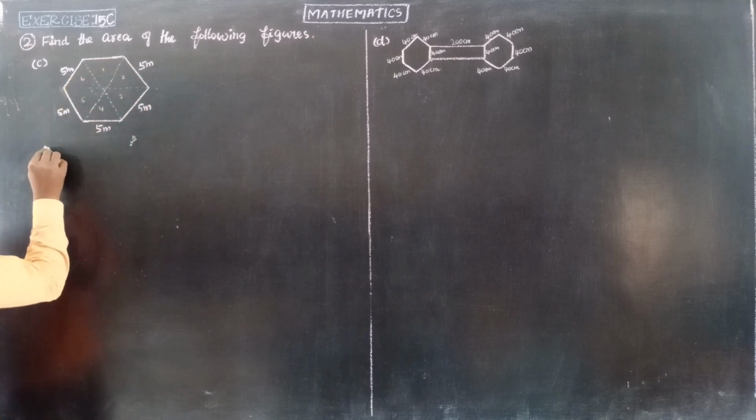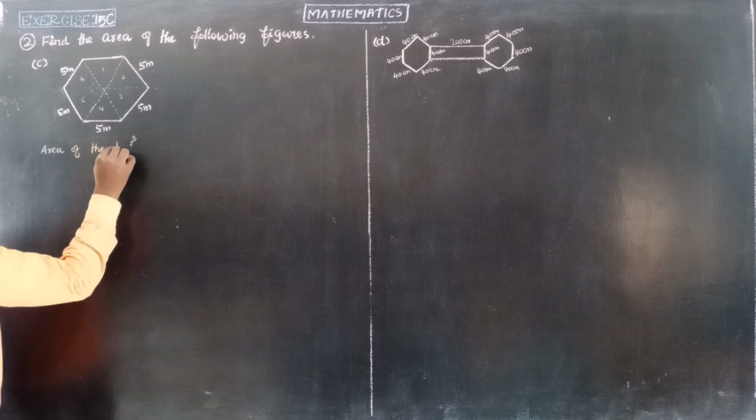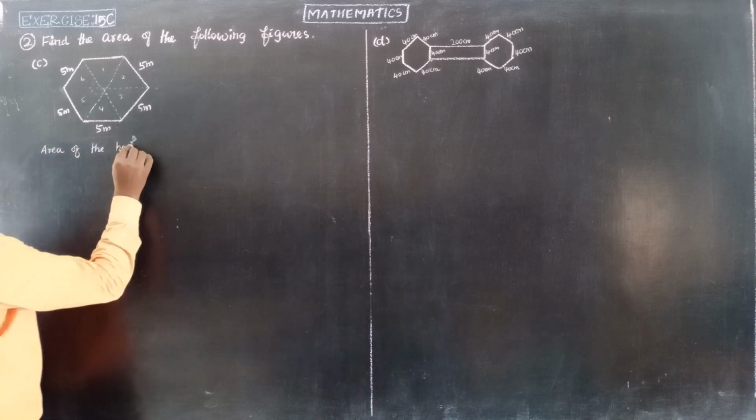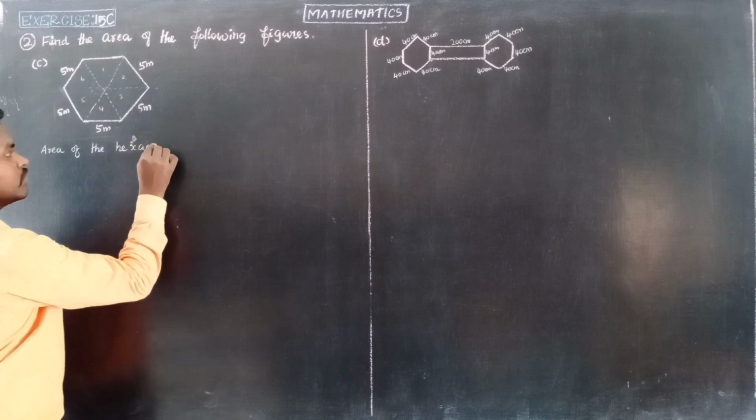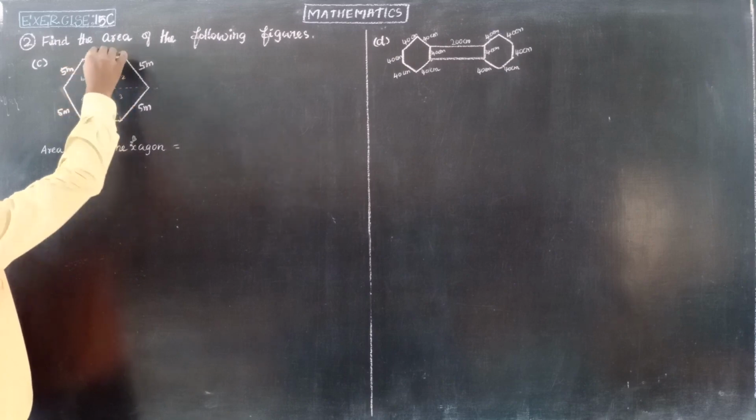So area of the hexagon is equal to... Here all sides are equal, so here also 5 meters.